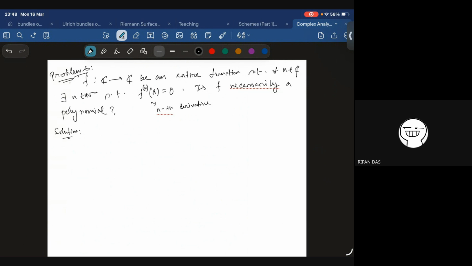What do you guys think? Again, by the same logic, you see. So f^(n)(a) is 0 for some n belongs to natural number, for all a belongs to C. The n may depend on a.